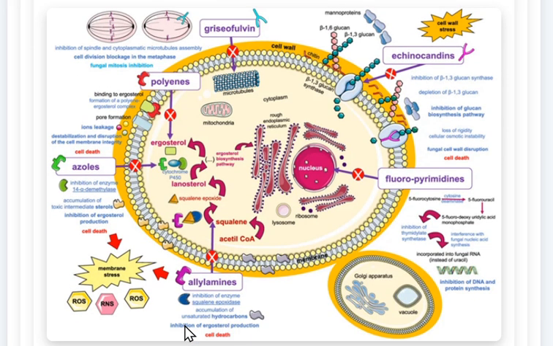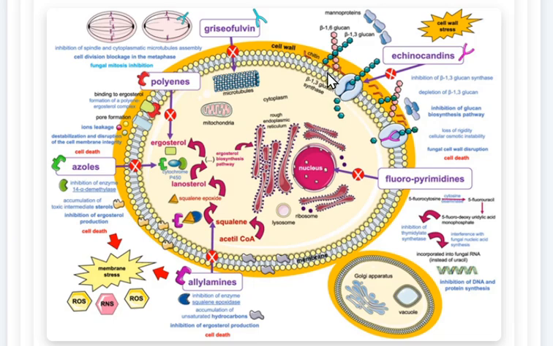Flucytosine works completely differently. It enters the fungal cell. Inside the fungus, it is converted into 5-fluorouracil. This active metabolite blocks DNA synthesis and RNA synthesis. As a result, the fungus cannot multiply. Because resistance develops rapidly, flucytosine should never be used alone. Remember this point for exams. Unlike other antifungal drugs, echinocandins do not target the cell membrane. Instead, they inhibit beta-1,3-D-glucan synthase.